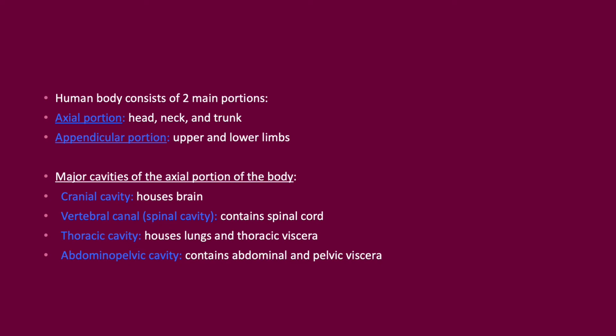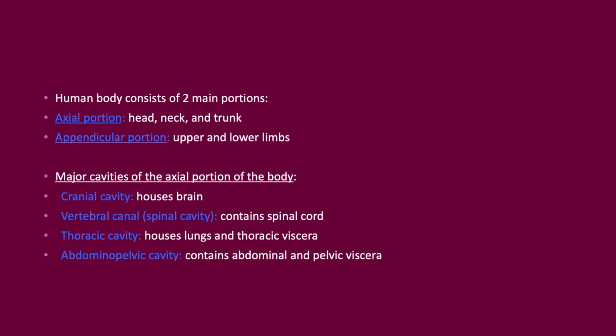The human body consists of two main portions. You have the axial portion, which consists of the head, neck, and the trunk. Then you have the appendicular portion, which is the upper and lower limbs of the body.